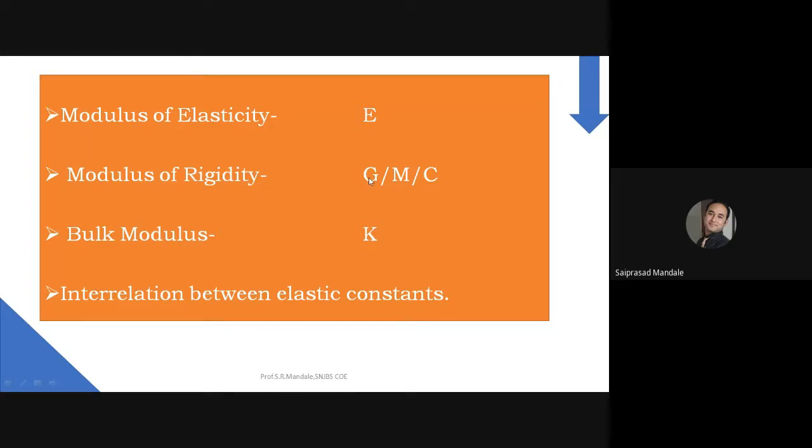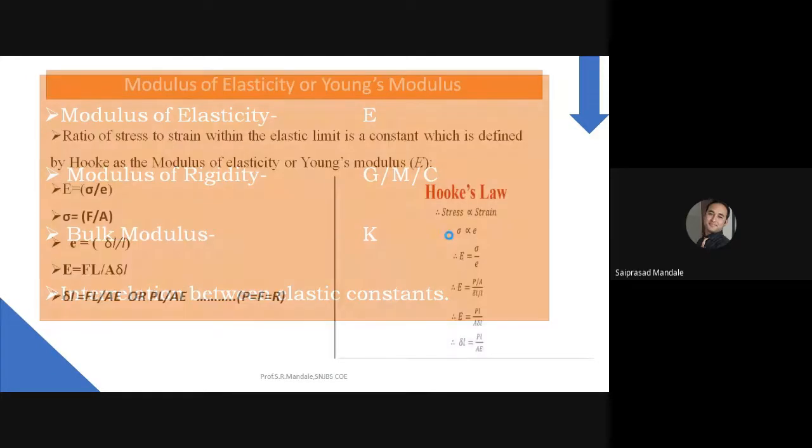If you refer to multiple reference books, you will observe that M or C is used as the notation for modulus of rigidity. Third is bulk modulus. So what is modulus of rigidity and what is bulk modulus, that we are going to look at.